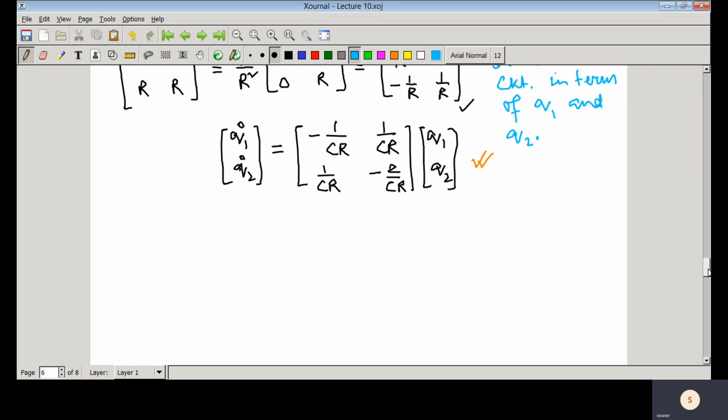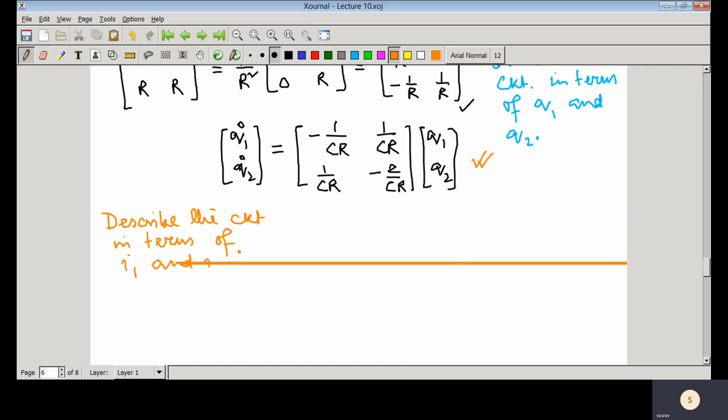So now we can also describe this circuit in other ways. Describe the circuit in terms of I1 and I2. You can also represent it in terms of I1 and I2. So let us see how.